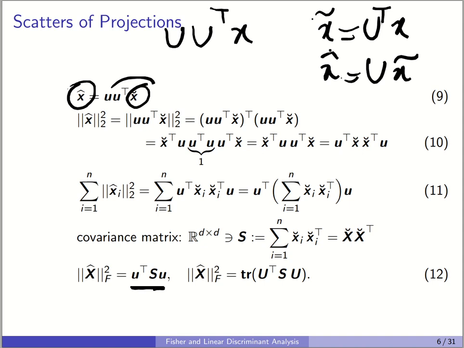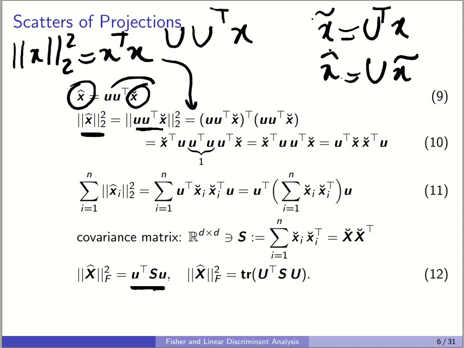And as you can see here, we are showing the squared L2 norm of reconstructed data. If I replace U transpose X breve here, and here we are using a formula, X transpose X, if X is a vector, then we apply the transpose onto this parenthesis.